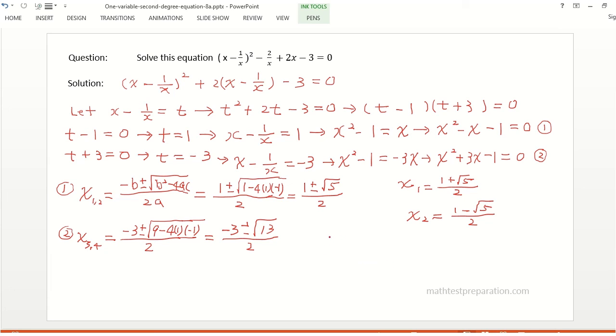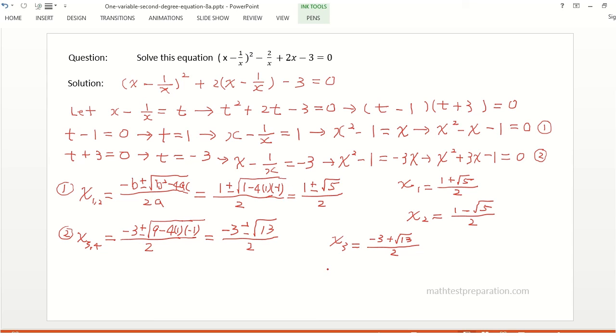So we get x3 equals negative 3 plus square root 13 divided by 2.